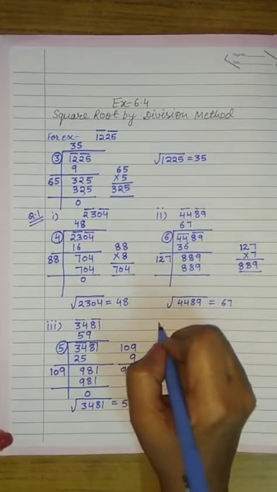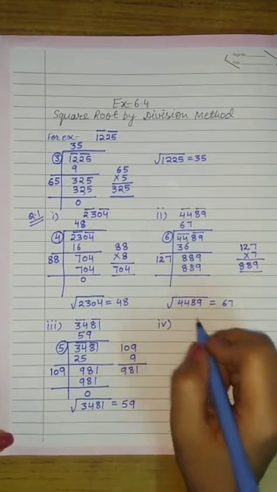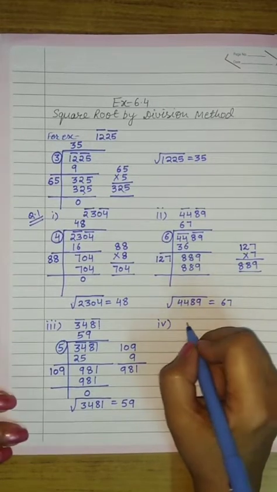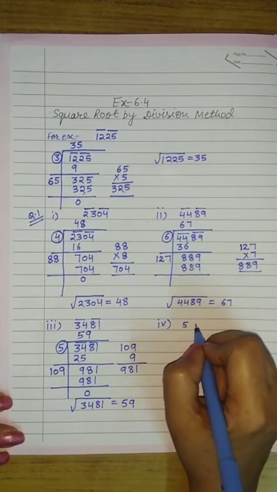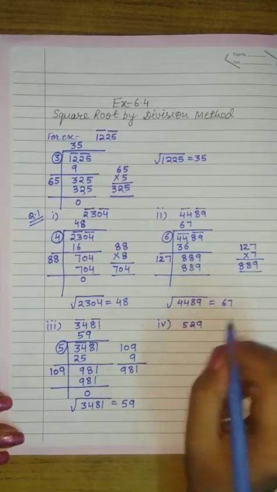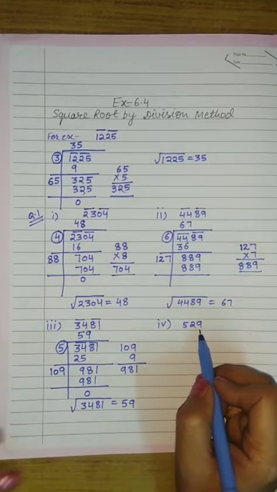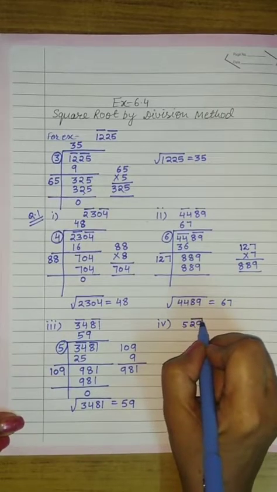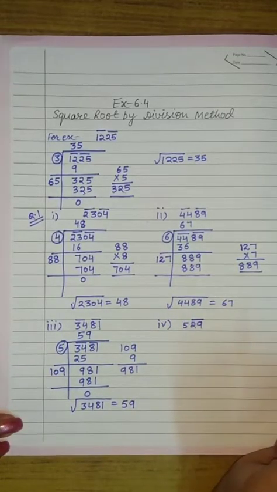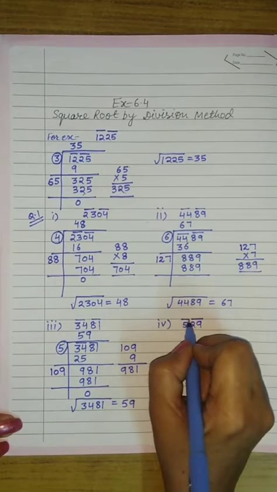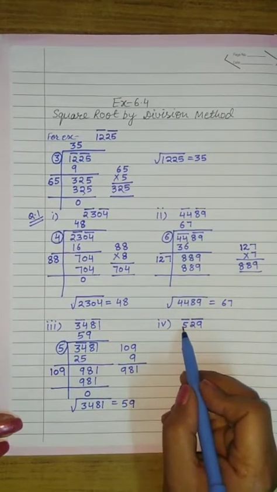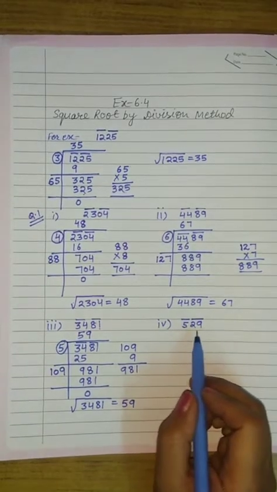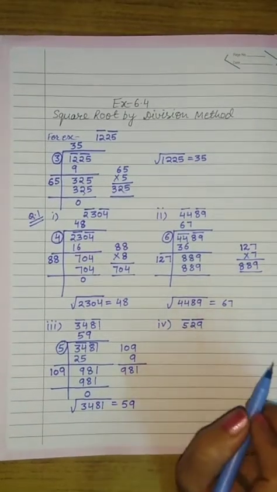In the fourth part we have an odd number, that is 529. It has only 3 digits. So we have to put 1 bar on 29 and 1 bar on the number which is left, even though it has 1 digit, because this number has only 3 digits.